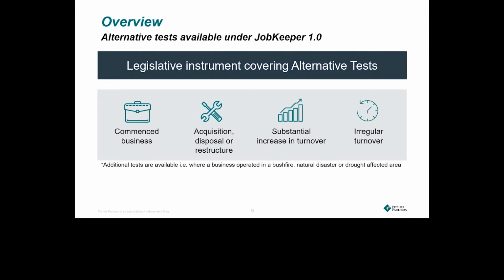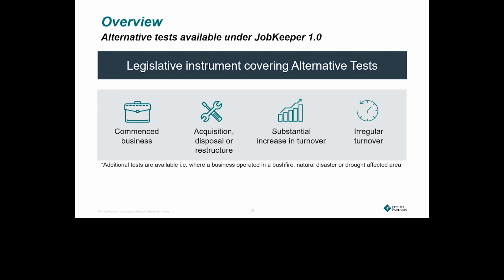These alternative tests existed under JobKeeper 1, and predominantly there were four main tests that the Commissioner provided alternatives for. The first was if your business had commenced on or after effectively the comparison period, then essentially you could use a business commencement test. If you had an acquisition, disposal, or restructure, again after that comparison period, that may have increased your turnover subsequently so that your current period has been inflated by that transaction, then again you could choose an alternative period to test against.